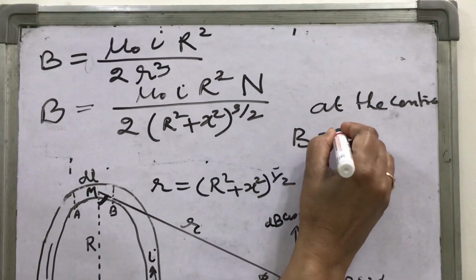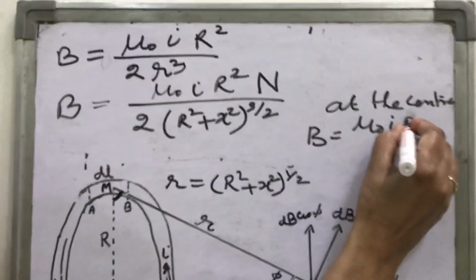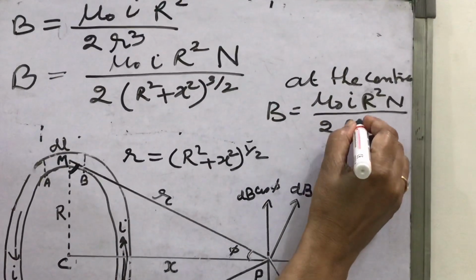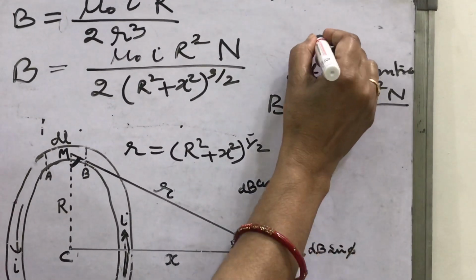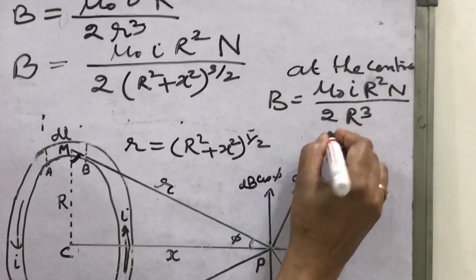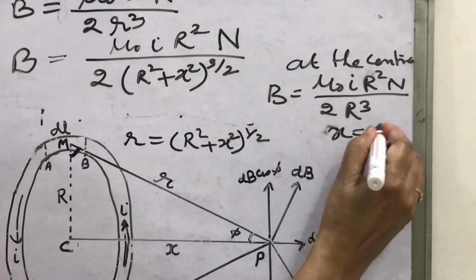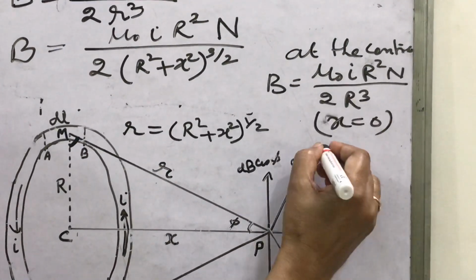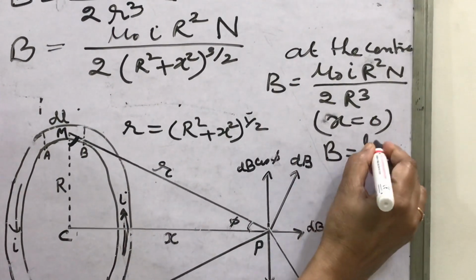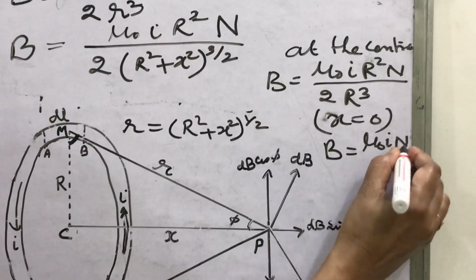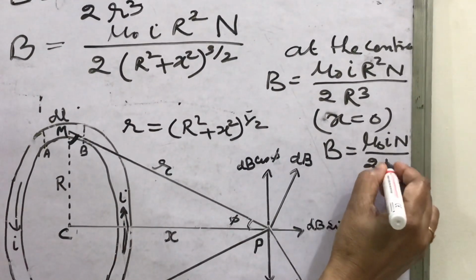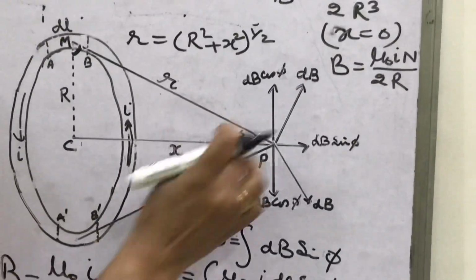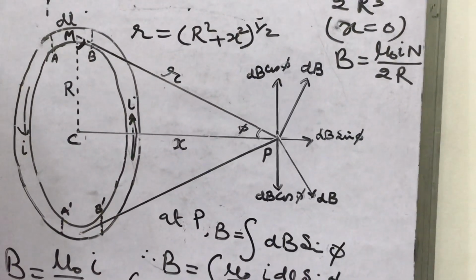Mu naught I r square n upon 2 r cube, because for the center you have put x equal to 0 in this expression. So what are you getting here? This is B equal to mu naught I n upon 2r. 2r is the diameter. So this is the expression at the center.